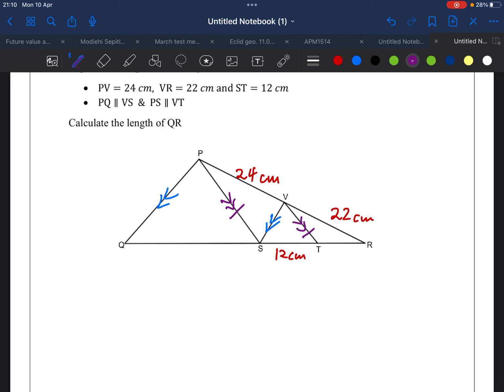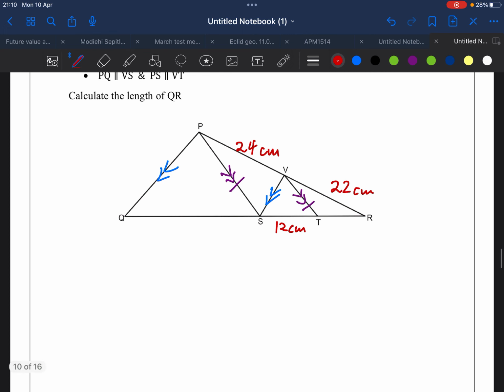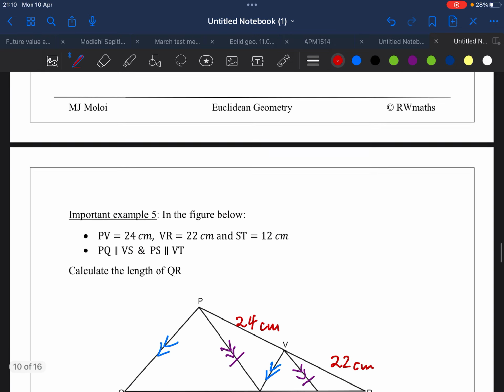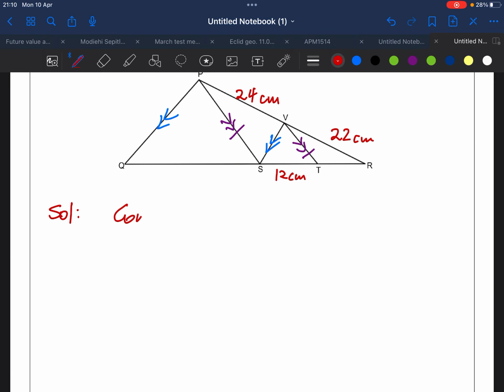Let me think on how we're going to answer this one. Sorry about that. I'm going to start by answering like so. Solution: let us start with triangle PRS. Sorry, consider triangle PSR.